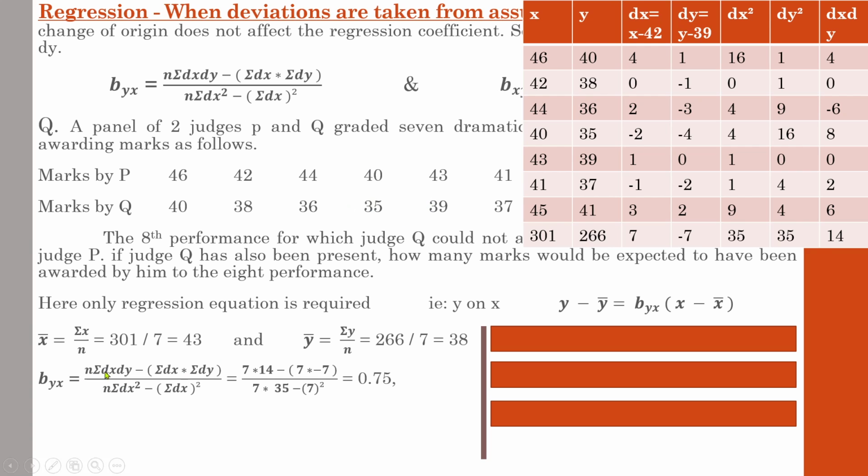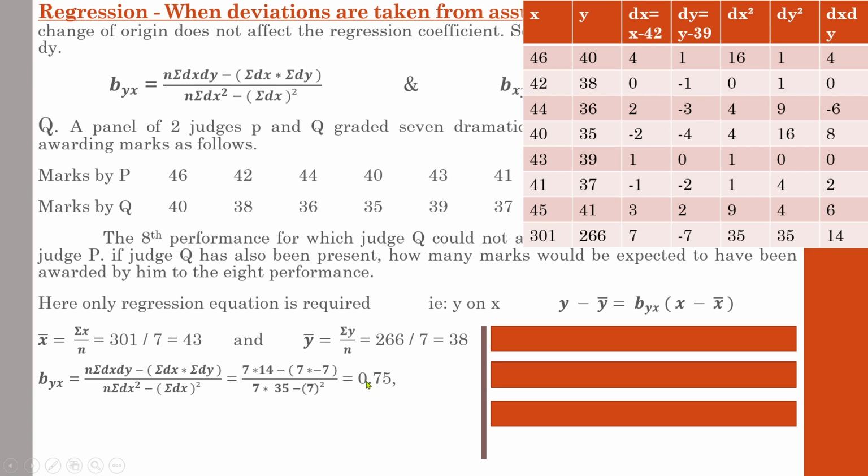So here n is 7. 7 into sigma dx dy, 14, minus sigma dx, which is 7, into sigma dy, which is minus 7, divided by n sigma dx square, 7 into 35, minus sigma dx the whole square, 7 square. By solving this part you will get 0.75.